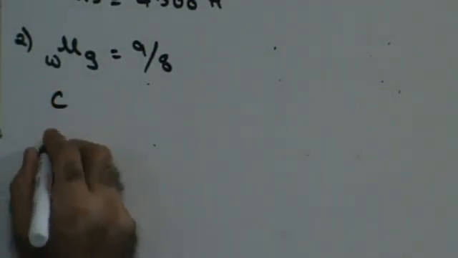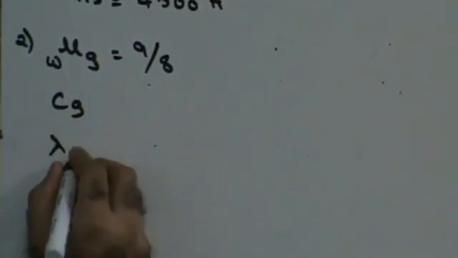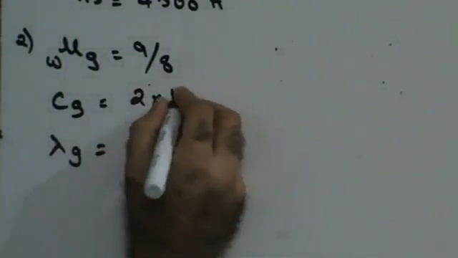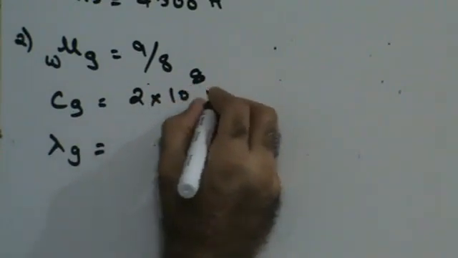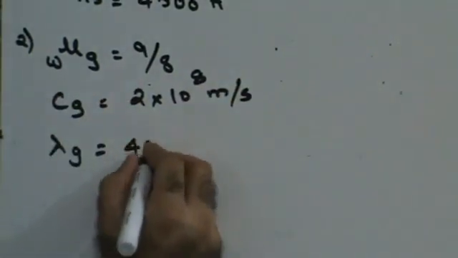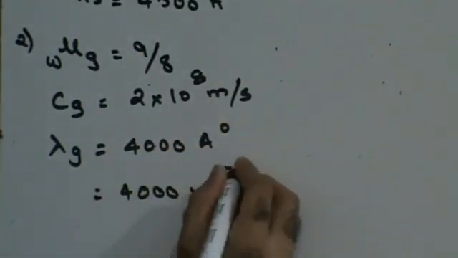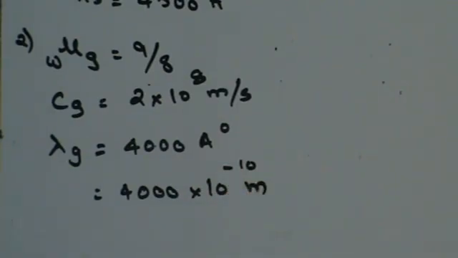If the velocity and wavelength of light in glass is 2 into 10 raised to 8 meters per second and 4000 Armstrong unit, find the velocity and wavelength of light in water.